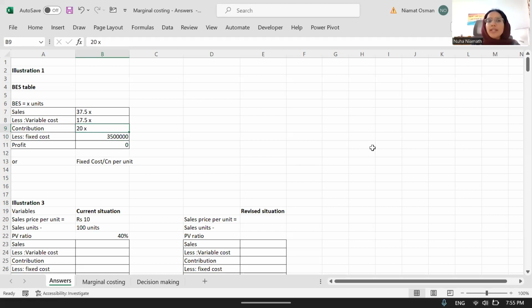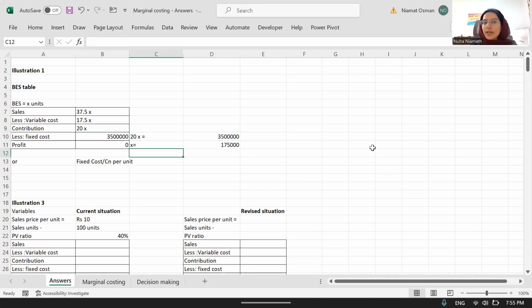So 20x is equal to 35 lakhs, so x is equal to 35 lakhs divided by 20. How much does that give you? 1,75,000. Thank you. This is how we found it through x.